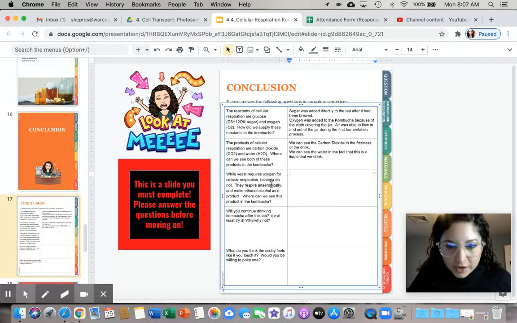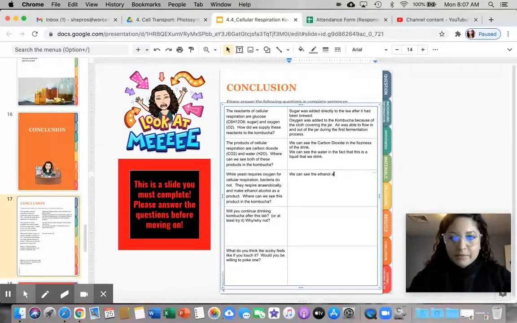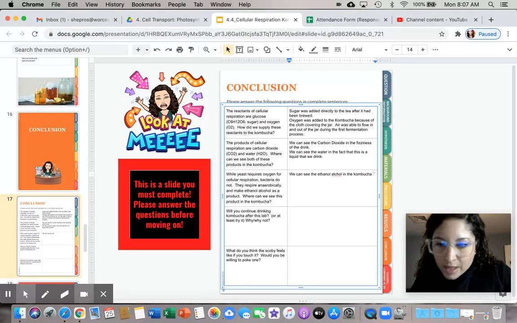While yeast requires oxygen for cellular respiration, bacteria do not. They respire anaerobically and make ethanol alcohol as a product. Where can we see this product in the kombucha? So we can see the, how do I spell ethanol? Ethanol alcohol in the kombucha.